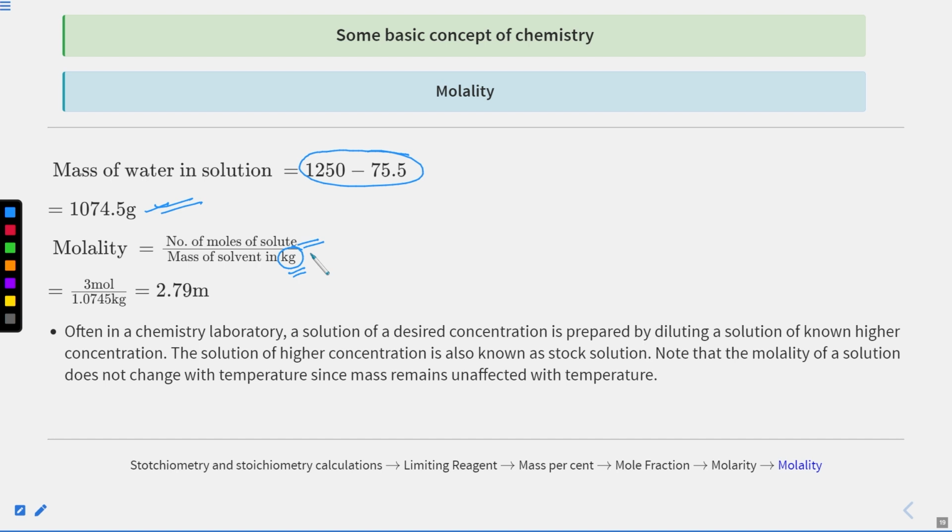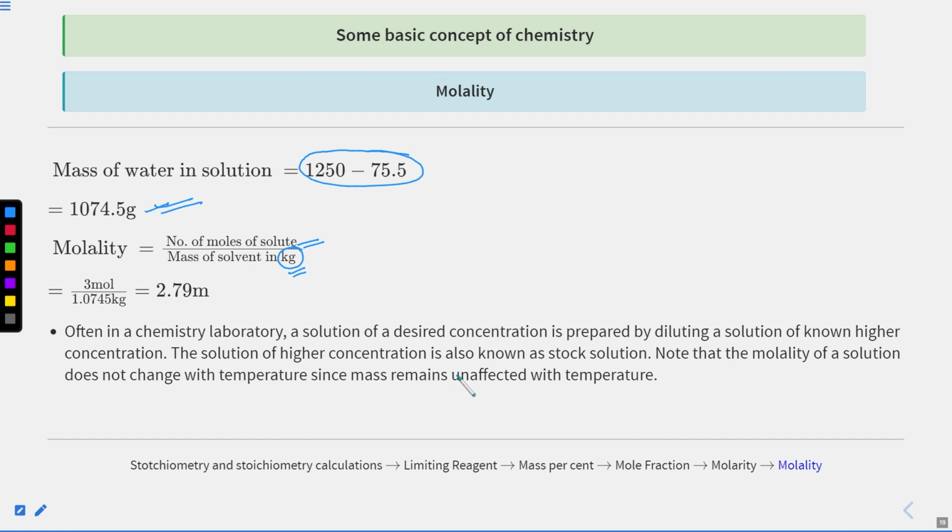Now if I ask you which is more significant: for gaseous solutions, we have mole fraction. But what about a liquid state solution? For that, molality is not preferred; instead, molarity is preferred. What is the reason behind it?